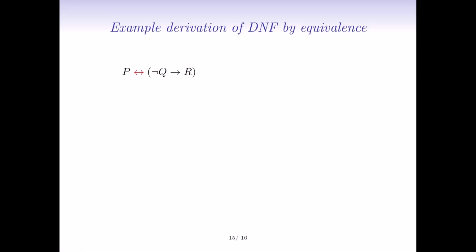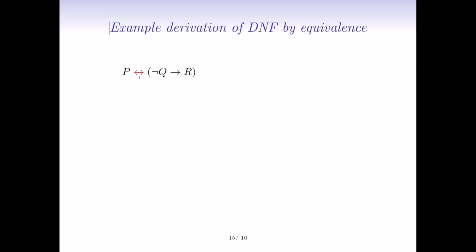Our first step is the formula: P if and only if (not Q implies R). As I said before, there's not one unique sequence of steps that will get you to the DNF. I'm just showing you one possible sequence of such steps. We probably won't do it all either; I'm going to leave you to finish off the rest once we get to a certain point.